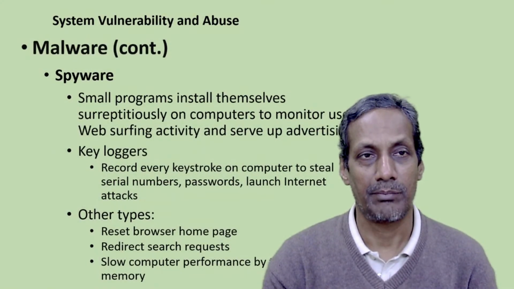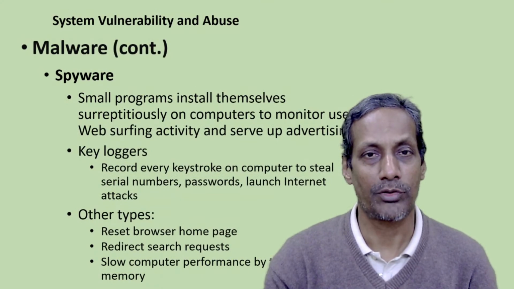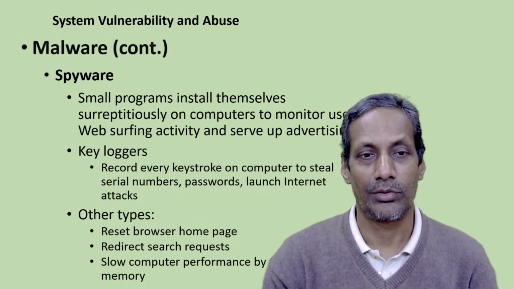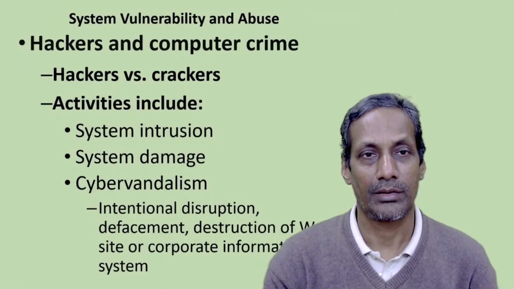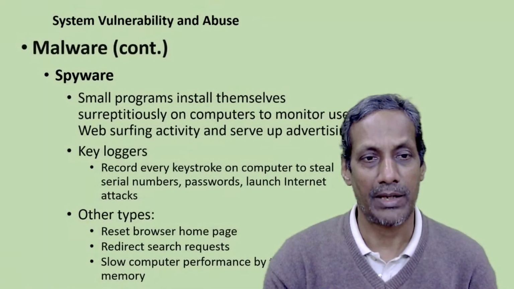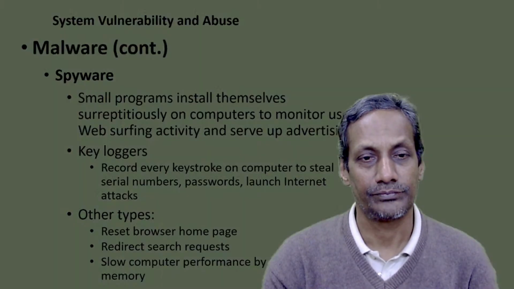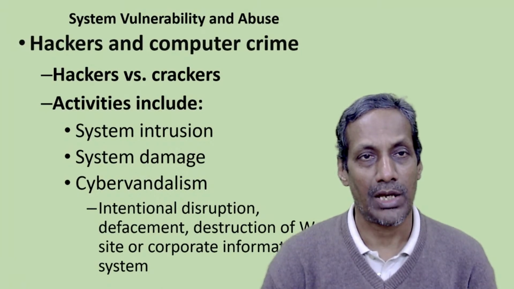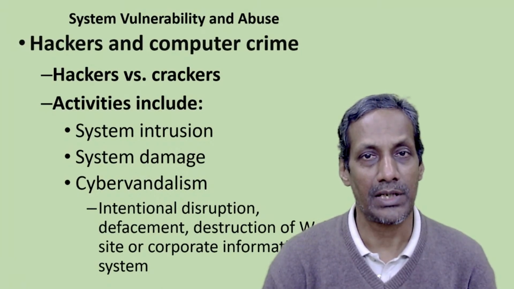You can also have malware like small programs which get installed by themselves. You can also have what is called spyware, apart from the malware, which needs to be addressed. System vulnerability and abuse happens because of hackers and computer crime.